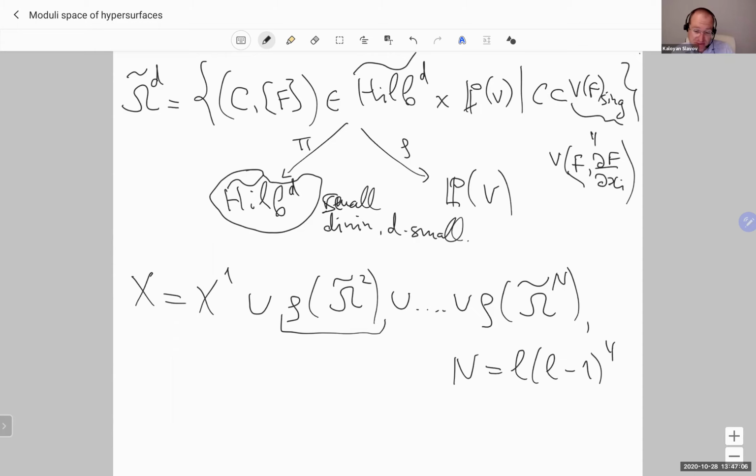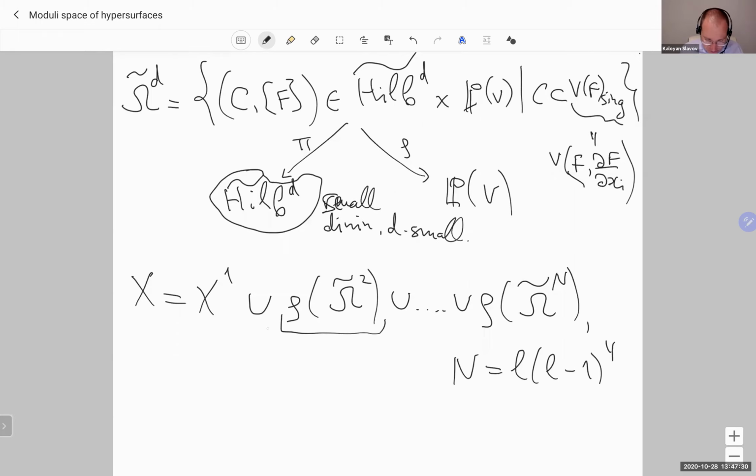If V of f singular locus has dimension at least 1, it will have at least one irreducible component of dimension at least 1, and the degree of that will be at most capital N. If you slice it with hyperplanes if necessary, then you will get a curve in the singular locus of degree at most this capital N. So it's really a finite union like that.